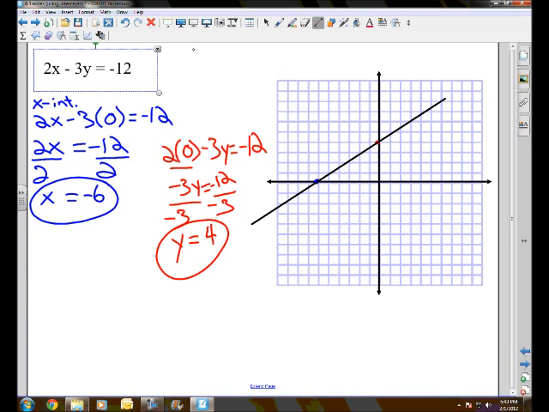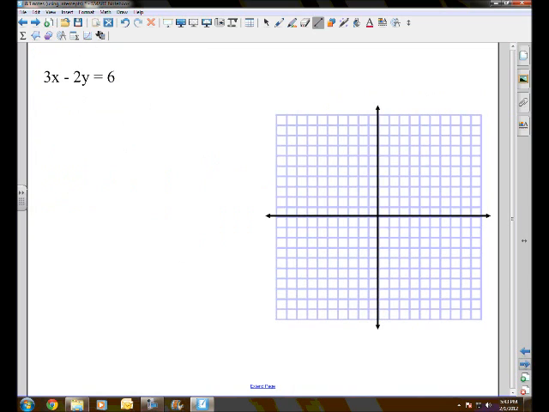All right, so we can do this again. Let's try it one more time. First, we'll start again. We'll do our x-intercept. So we'll substitute 0 in for y. Okay. 3x minus 0 equals 6. Divide both sides by 3. X equals 2. Okay, there's a start. Now we'll do our y.